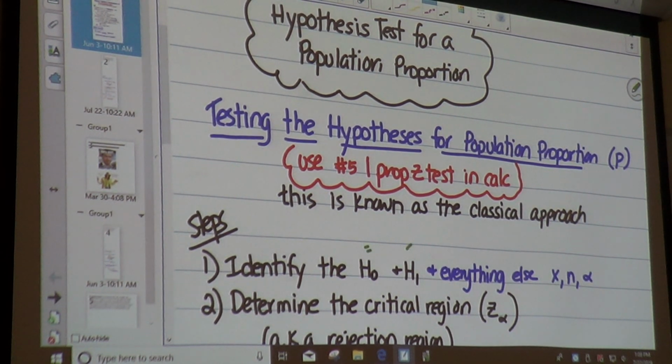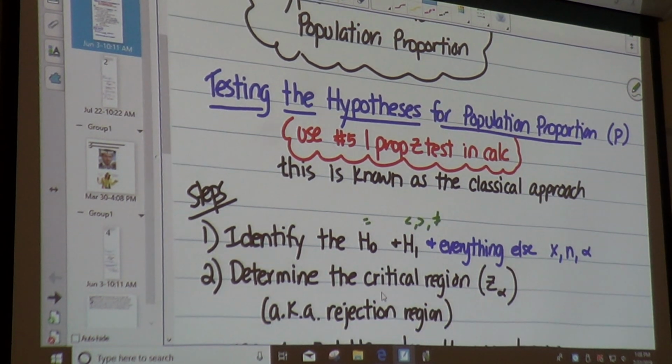And then the H1 has your less than, greater than, or your not equal, and you're also going to identify everything else like your X, your N, and your alpha. You're going to determine the critical region, which is your Z alpha, aka the rejection region.